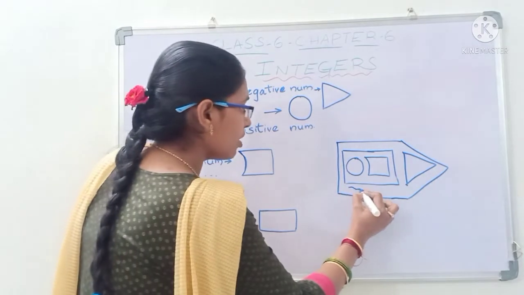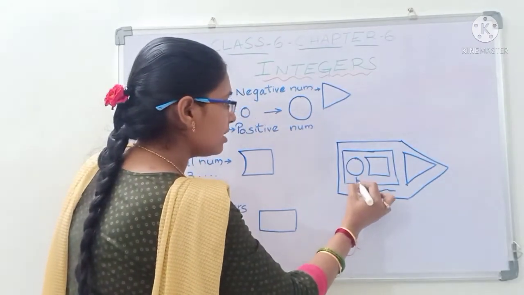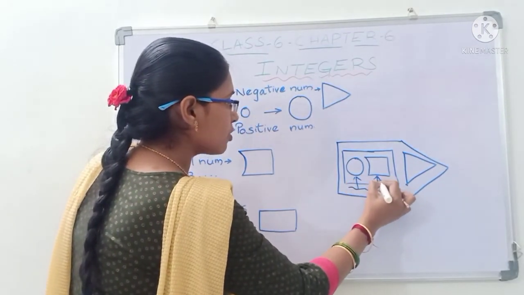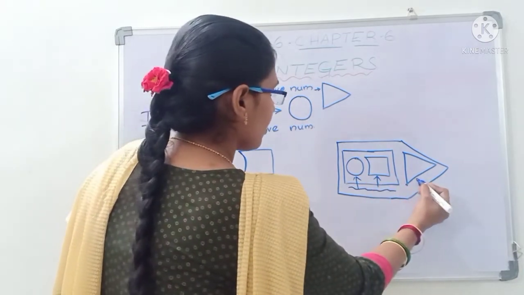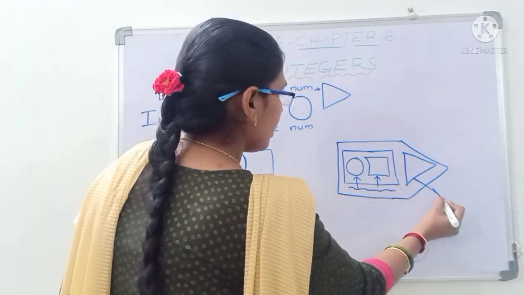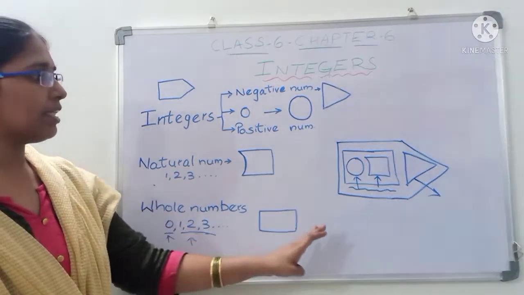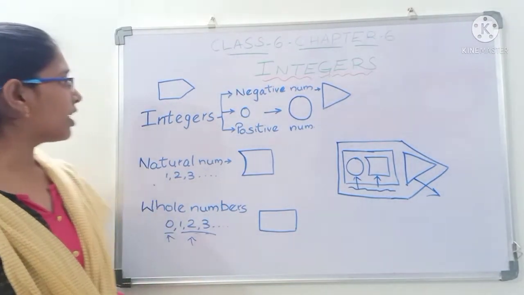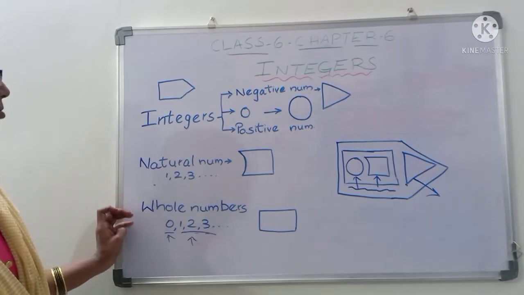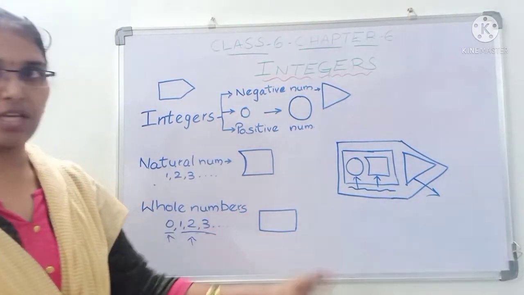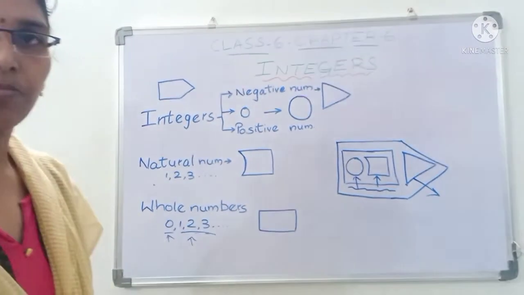This is whole numbers. Whole numbers contain 0 and positive numbers. And this is negative numbers. So together we can represent integers, natural numbers and whole numbers in this way.